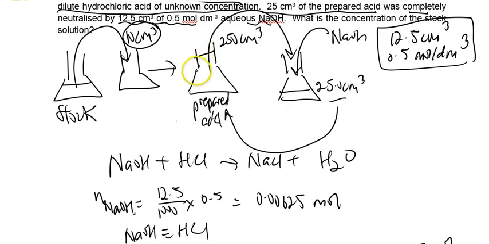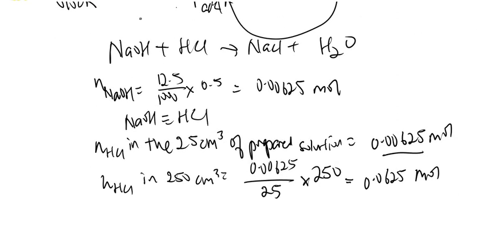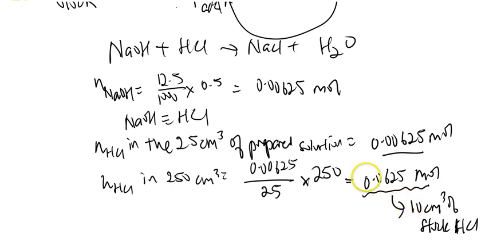And where did the acid from here come from? It came from this 10 cm cube of stock solution. So in fact, this number of moles of acid was originally found in 10 cm cube of stock solution. So if 10 cm cube of stock solution contains 0.0625 moles of acid, what is the concentration of the stock solution?